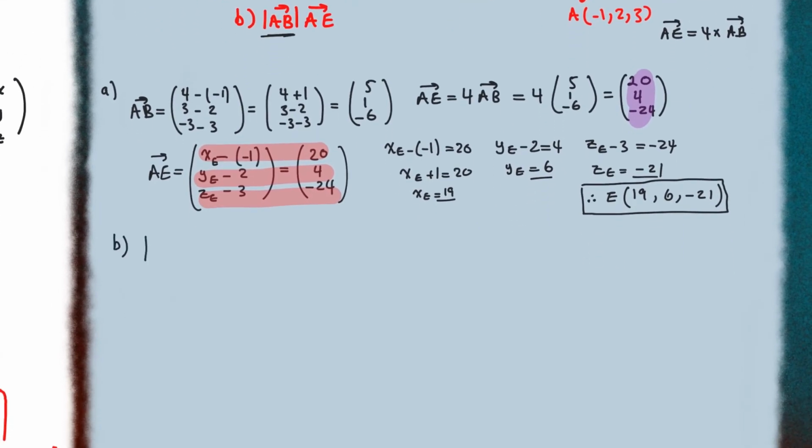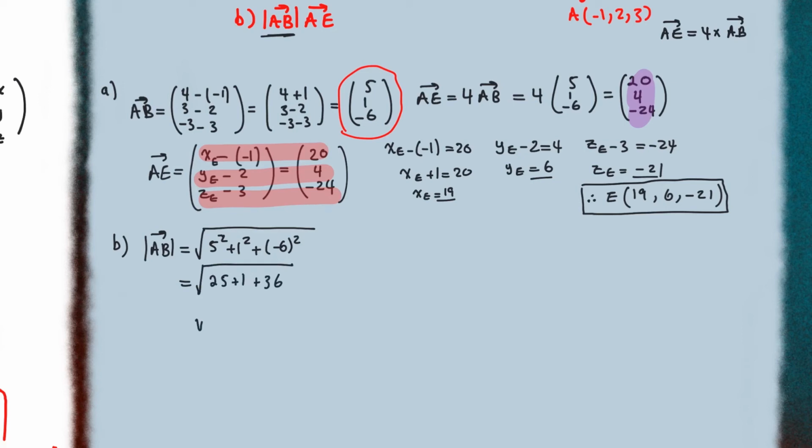For part B of the question, we need magnitude of AB, so we already have vector AB, so the magnitude is equal to its x component squared plus y component squared plus the z component squared, and that will give us 5 squared plus 1 squared plus -6 squared, which ends up being square root of 62.